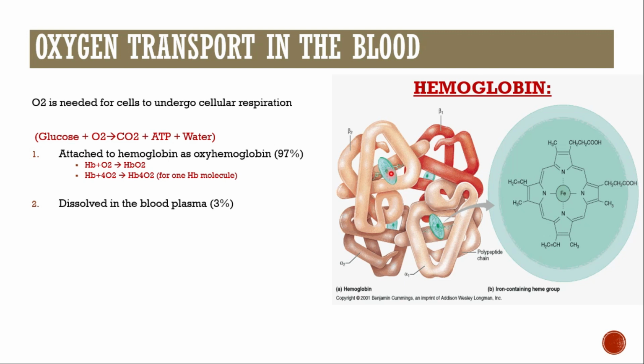One molecule of oxygen can bind to the iron atom of a heme group, giving each hemoglobin the ability to transport 4 oxygen molecules. We can observe here in blue 4 oxygen molecules that are bound to the 4 polypeptide chains. This gives each hemoglobin the maximum capacity to transport 4 oxygen molecules.